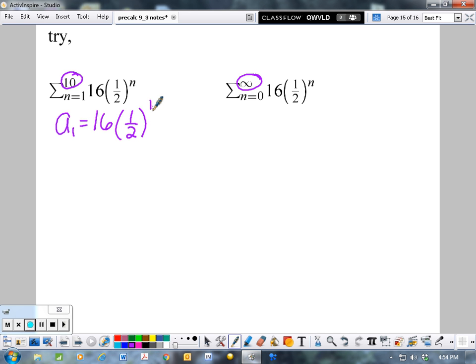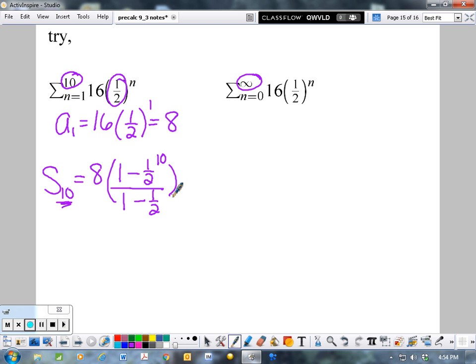So half of 16 gives me 8. Then the sum of my first 10 terms would be my first term times 1 minus my ratio, which is 1/2, to the 10th power, because that's my n, over 1 minus my ratio.